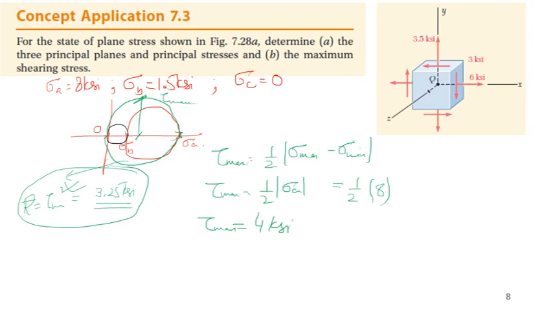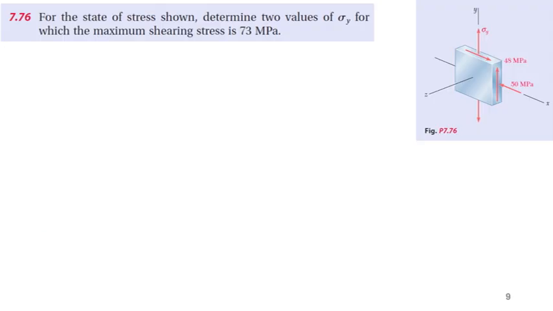Okay, so let's see another problem related to this topic. Let's see problem 7.76, and the given is: for the state of stress shown, determine the value of sigma y for which the maximum shearing stress is 73 megapascal.